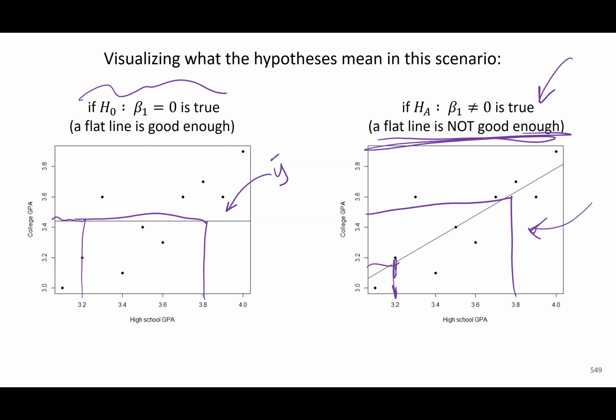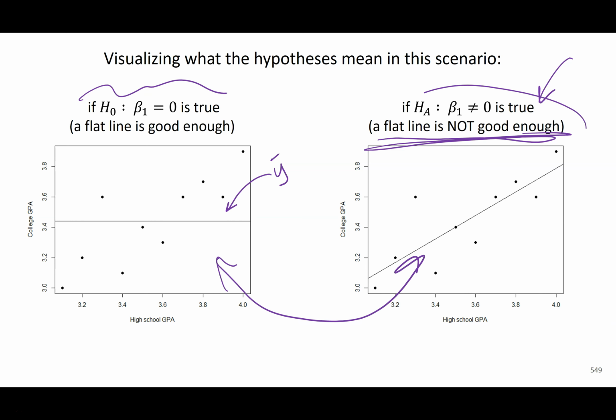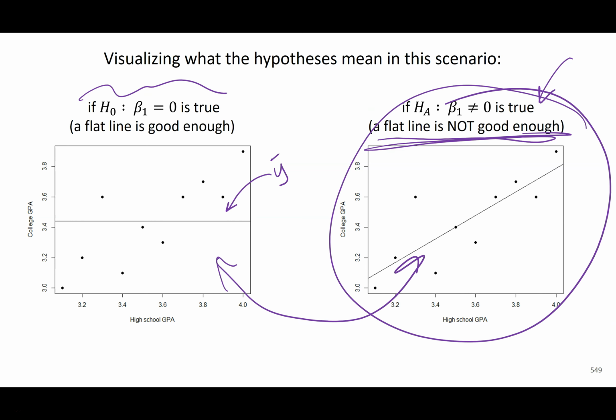If they had a 3.8, I'd guess the average college GPA. I'm not going to use information about high school GPA to make my estimate. So just at a glance, it looks like this one fits a whole lot better than the other one. But we'll see. It's not just does it fit better, but does it fit better enough? So we'll get there.